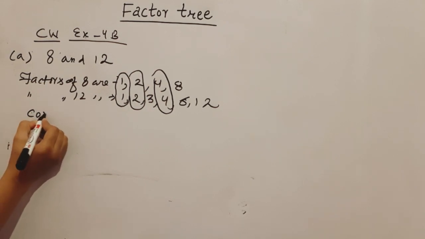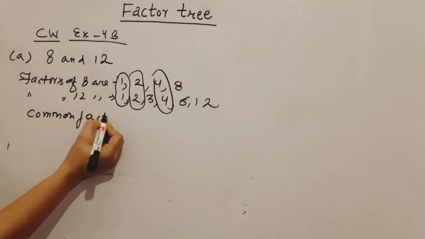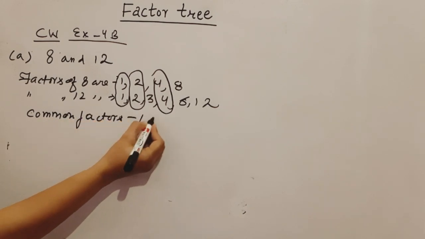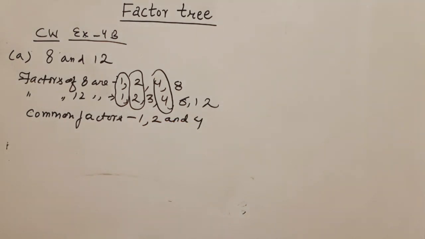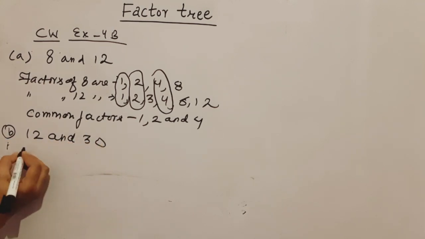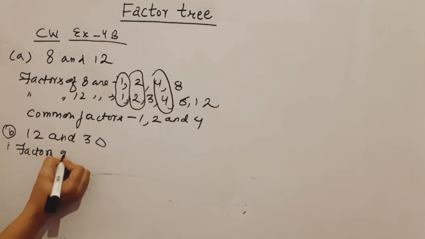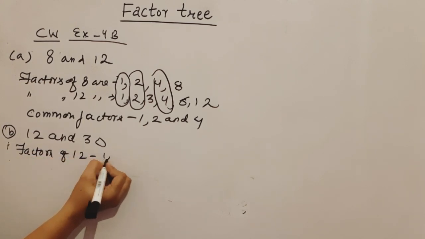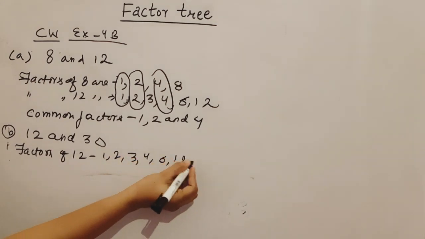So if we talk about the common factors, they are 1, 2 and 4. Okay students, now the second option: 12 and 30. तो पहले हम किसके फैक्टर्स लिखेंगे? 12 के लिखेंगे. तो फैक्टर्स ऑफ 12: 1, 2, 3, 4, 6, 12.